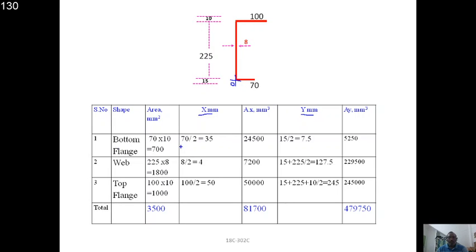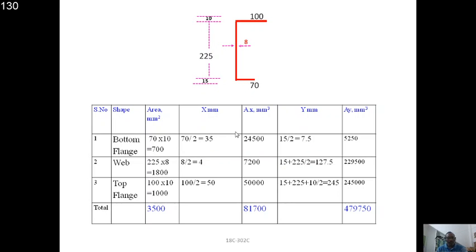So therefore for the bottom flange, 70 by 2 for the x-axis, as it is 70, hence it is 70 by 2, and for the web it is 8, therefore 8 by 2, and the top flange is 100 by 2, right? Whereas for the y-axis, the reference is from this point, hence we take 15 by 2, that is the y1, and for the web we need to add 15 and take half of the web height.